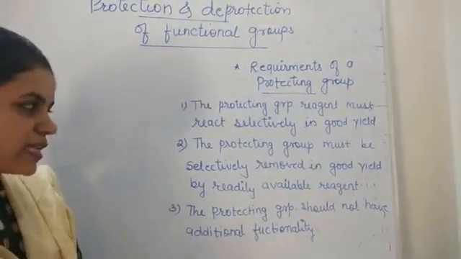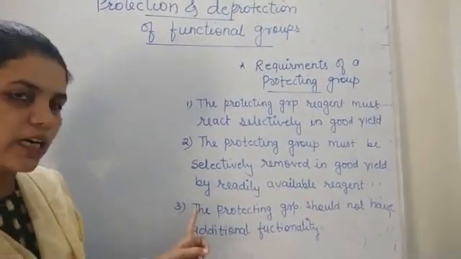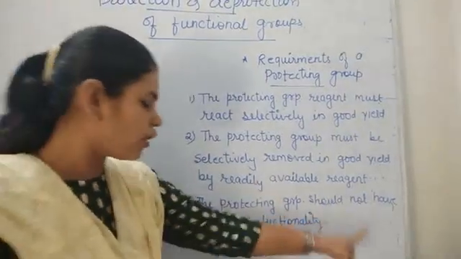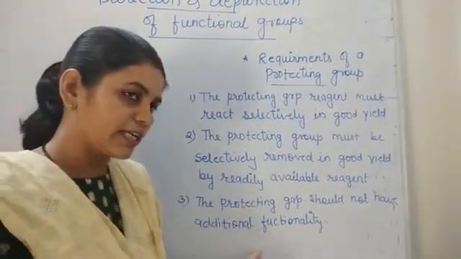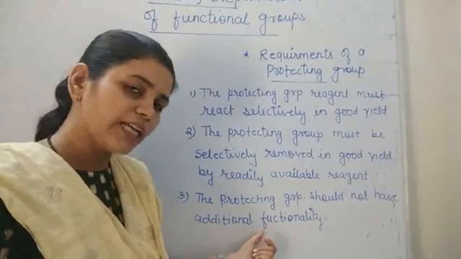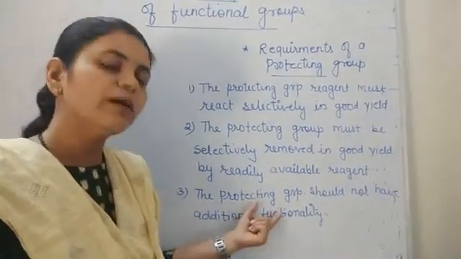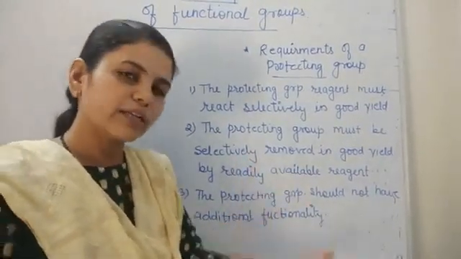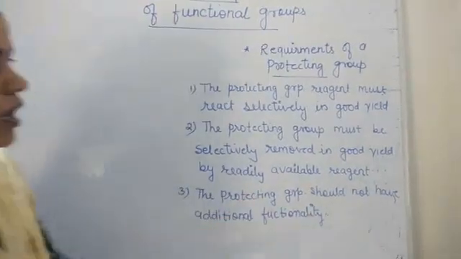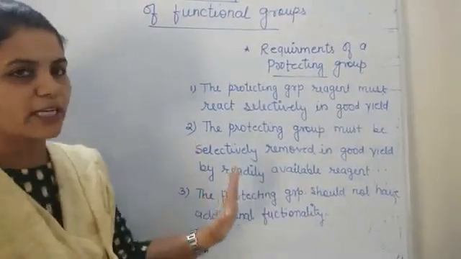The third requirement is that the protecting group should not have additional functionality, because if there is additional functionality on the protecting group, it is liable to react at that other site also. So these are the requirements of a protecting group.